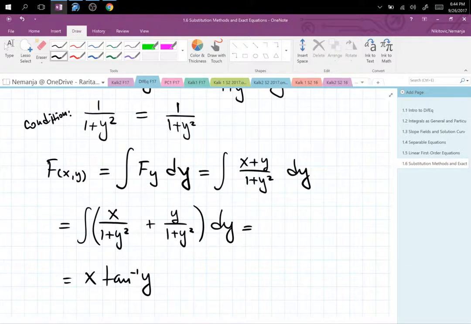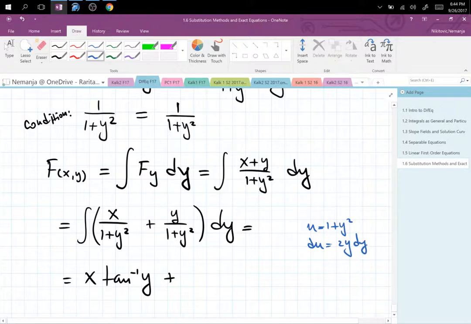So the integral of 1 over 1 plus y squared is inverse tangent of y. Plus, and now over there, we are going to use u-sub. u equals 1 plus y squared, du equals 2y dy. I don't have a 2. I'm going to put the 2 and the 1/2 in.